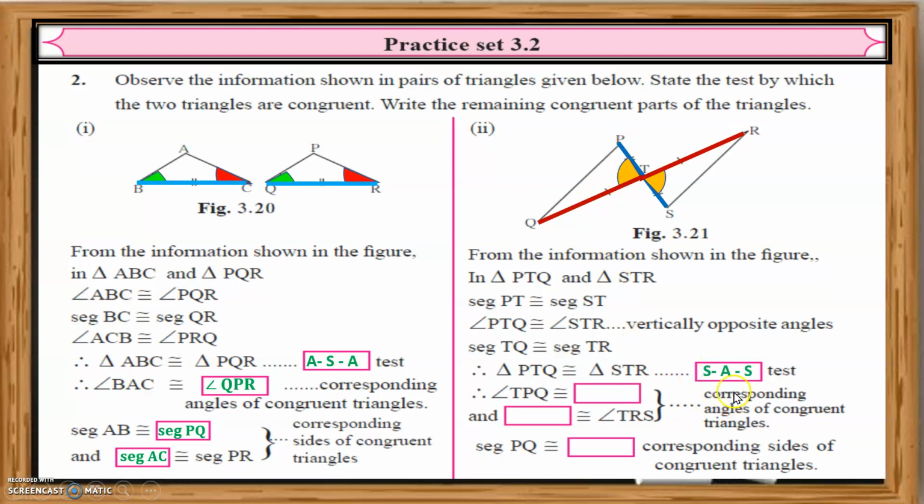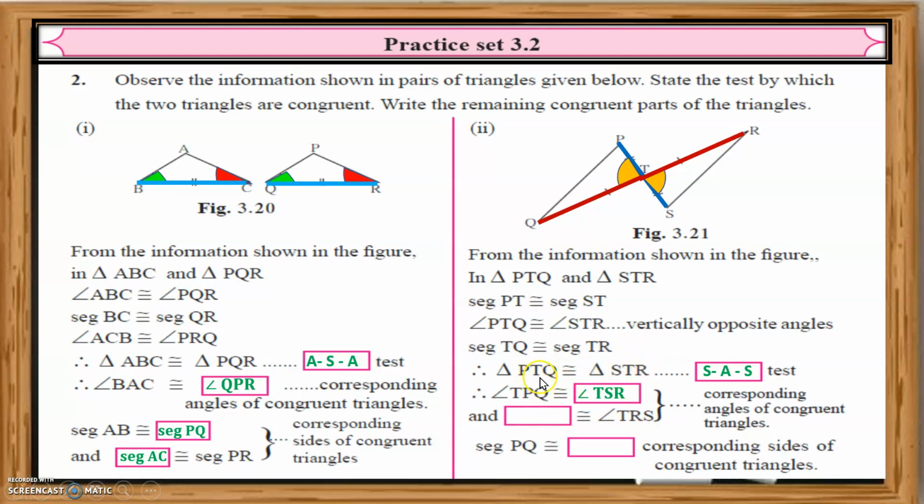So we write the answer here. Now TPQ, so second, first and third. So here also we'll write TSR. Angle TPQ will be congruent to angle TSR. Now, which angle is congruent to angle TRS? TRS, second, third, first.